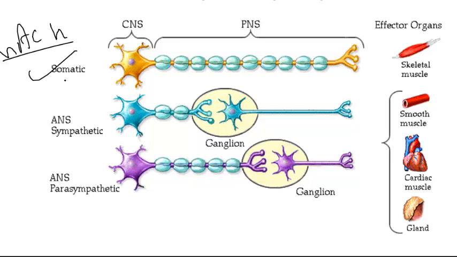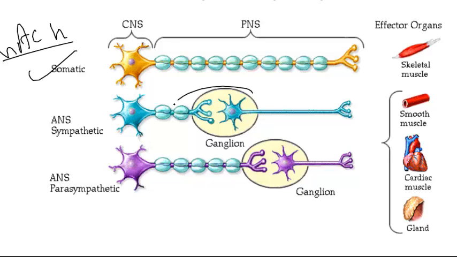The first of the two neurons in the sympathetic chain, the preganglionic neuron, is cholinergic. In the parasympathetic chain, the preganglionic neuron is also cholinergic. While the second neuron, or postganglionic neuron, in both the sympathetic and parasympathetic chain, has these NACH receptors. Thus, the action of acetylcholine on the postganglionic neuron is direct, fast and excitatory.